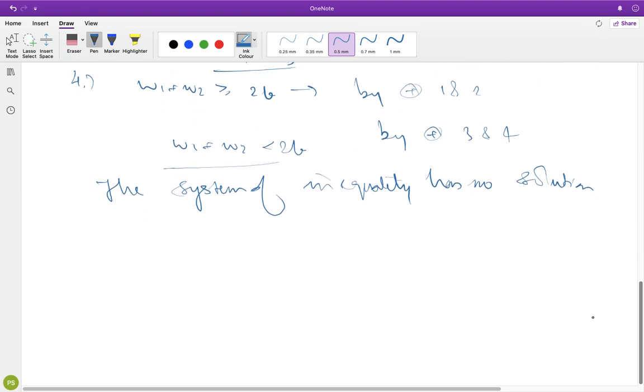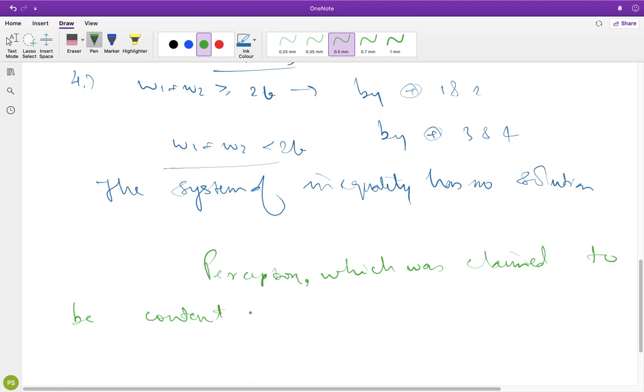So what this means is that the perceptron, which was claimed to be a basic building block for general artificial intelligence, could not even learn logical inequality.